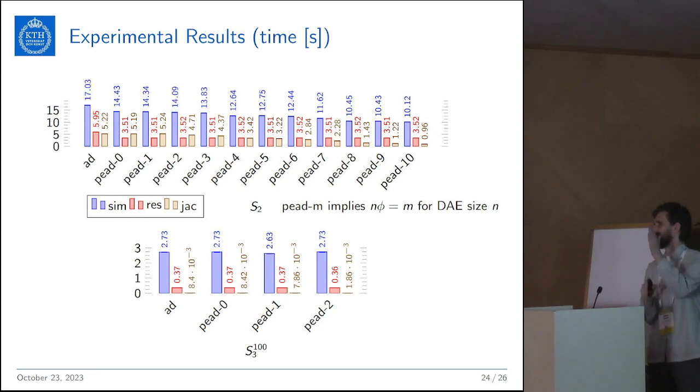We first specialize columns in the Jacobian matrix which have fewer non-zero partial derivatives, which means you get fewer expressions. The bound I showed before on the number of specialized partial derivatives, instead of n squared, becomes phi times n squared.